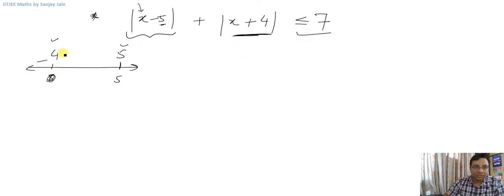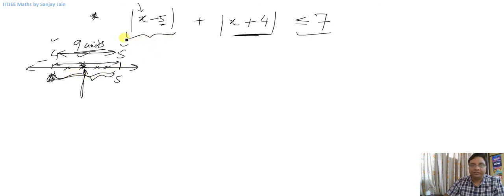Now if you notice, the distance between these two numbers, negative 4 and 5, is 9 units. So if I take any number between these two numbers, the sum of distances of this number from negative 4 and 5 is going to be exactly 9 units. And if I go beyond 5, the distance will become even more.